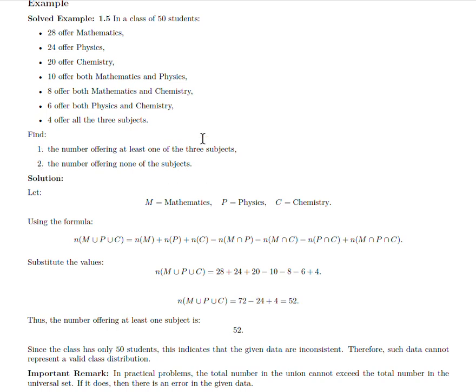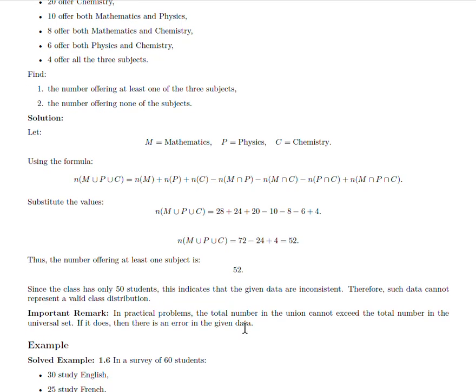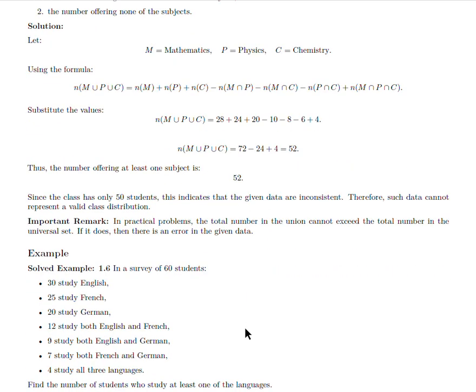Zero is the only thing that is less than one in this instance. And it means if we are to have people that are offering zero, then the population of the class should be higher than 52. And so that's why I would say the data is inconsistent. The population of the class is incorrect.